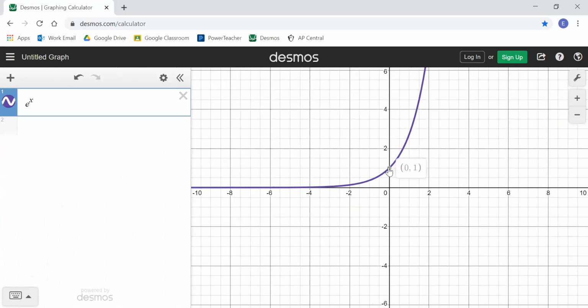Has a y-intercept of 1 and gets very, very steep and gets very, very large very quickly as we go past x equals 0. And as we put in negative values of x, it gets very, very small. Everybody good with that?